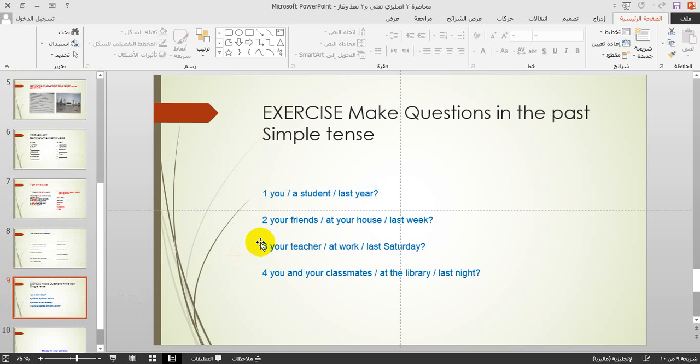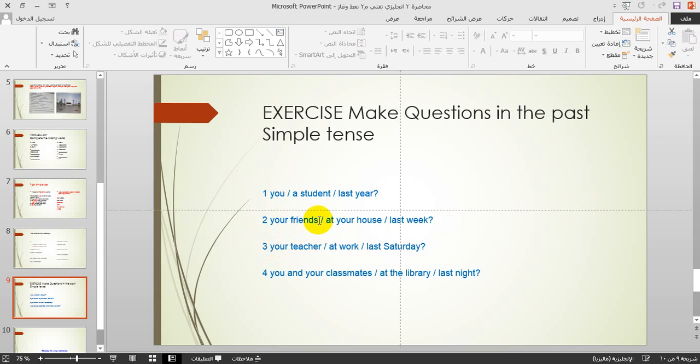Make questions in the past simple tense. For example, you a student last year: it will be, were you a student last year? Past simple be. Your friends at your house last week. Was?